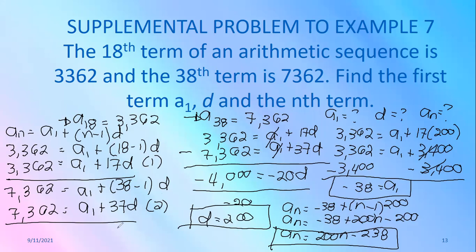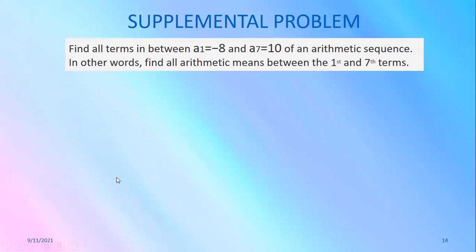Okay, let's proceed. Okay, let's proceed with, I think, for this one, you're asked to find all terms in between a sub 1, which is equal to negative 8, and a sub 7, or first term negative 8, and seventh term, which is equal to 10, of an arithmetic sequence.